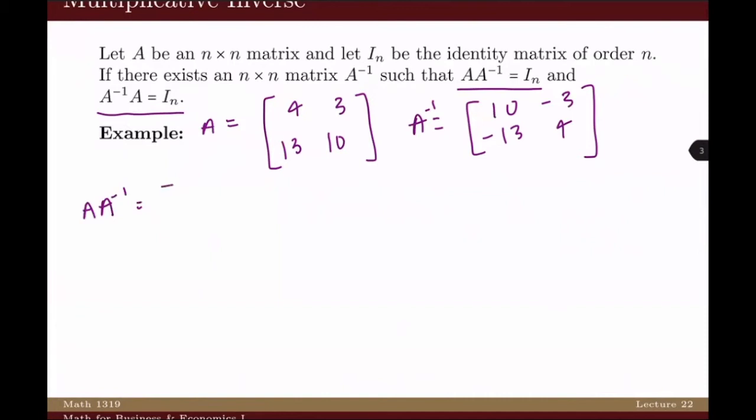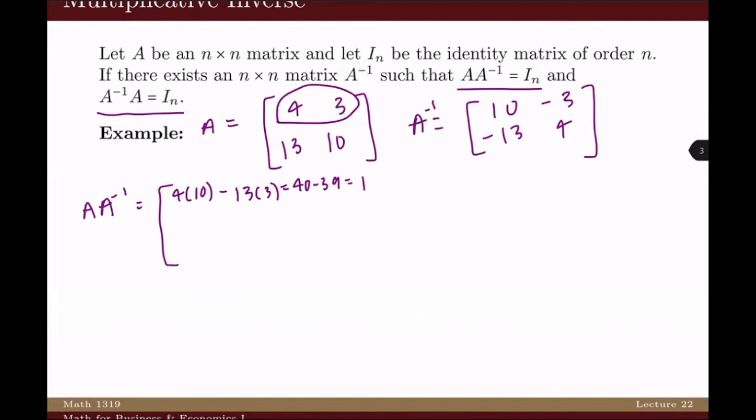So first thing we'll do is row 1, column 1. So we're going to have 4 times 10 minus 13 times 3. And then that's going to be equal to 40 minus 39, which is 1.